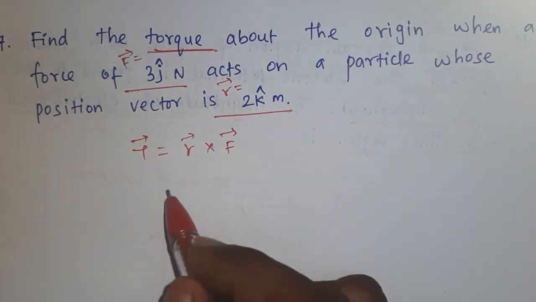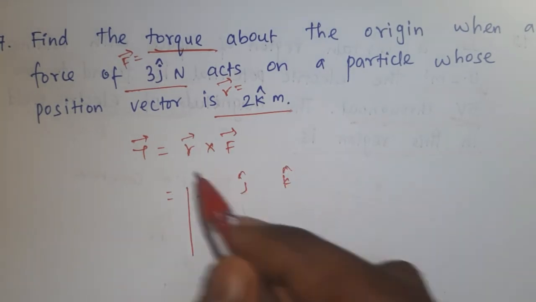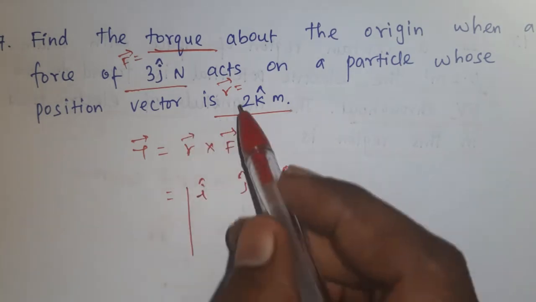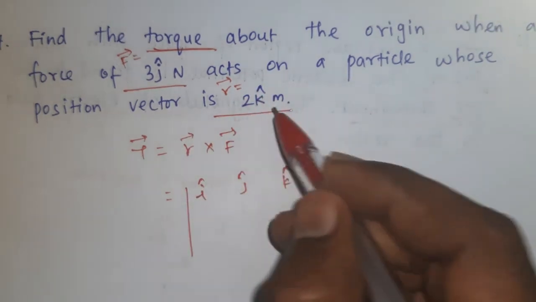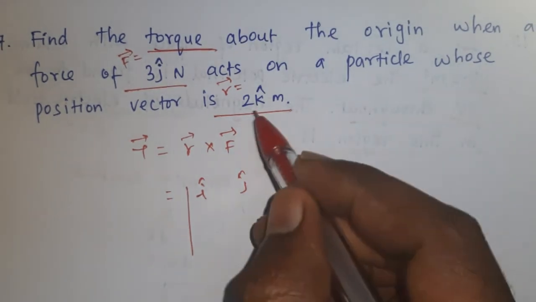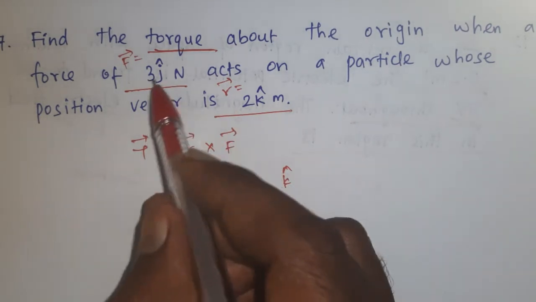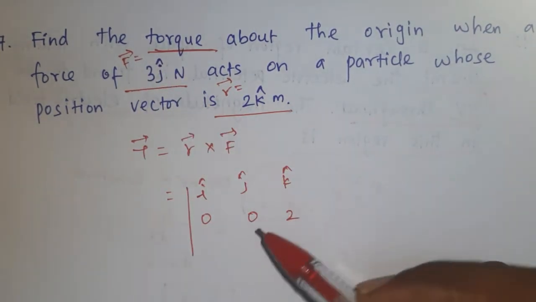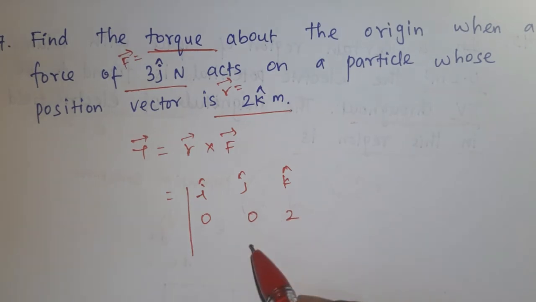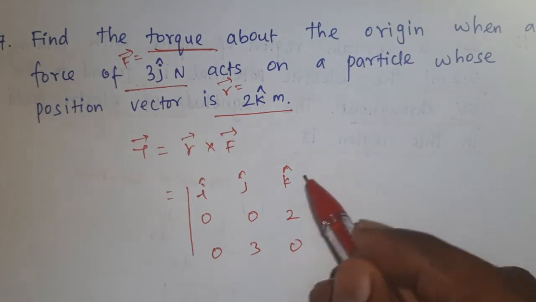We can write the determinant form i cap, j cap, k cap, where r vector is 2 k cap. So we only write the value under k cap; for i and j it is 0. Next, f vector is 3 j cap, so in the row of j cap we mention the 3. In other places there is no i and no k, so we write 0.